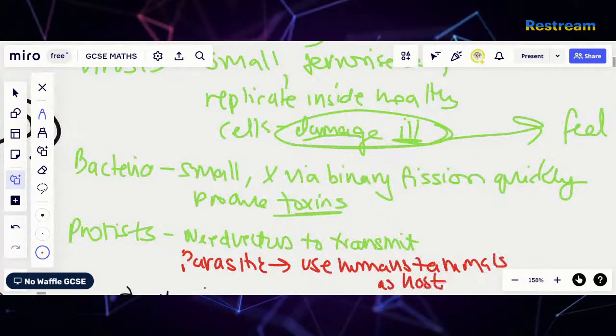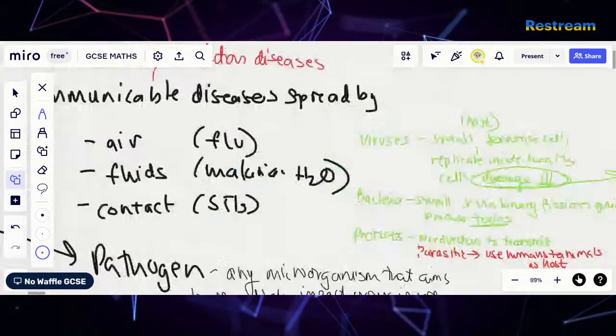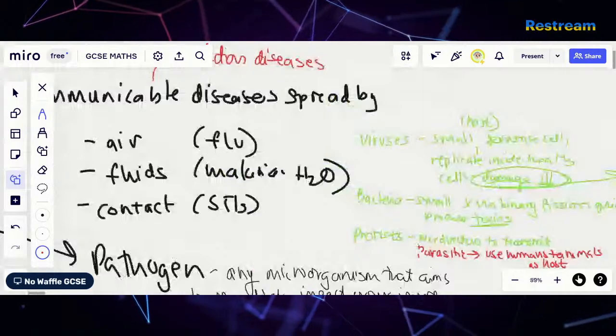And then ways they spread, you could have said through air, through fluids, direct contact, etc.